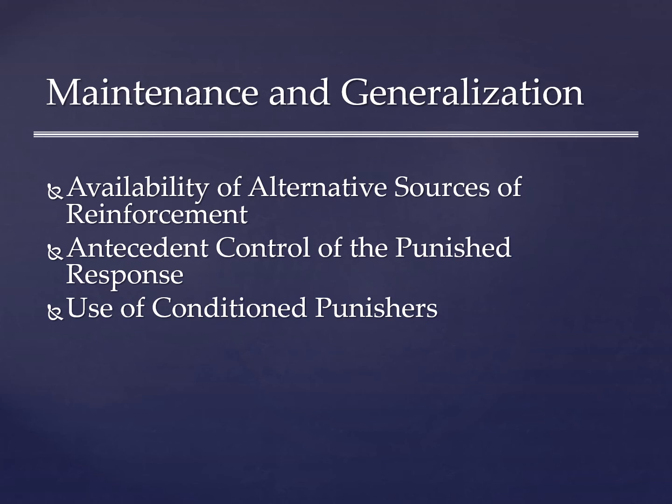How can we do something similar with conditioned punishers? As long as we occasionally pair the conditioned punisher, like a verbal reprimand or response cost, with a more intense form of punishment, we can eventually decrease the use of that intense form. This is much less intrusive during maintenance.